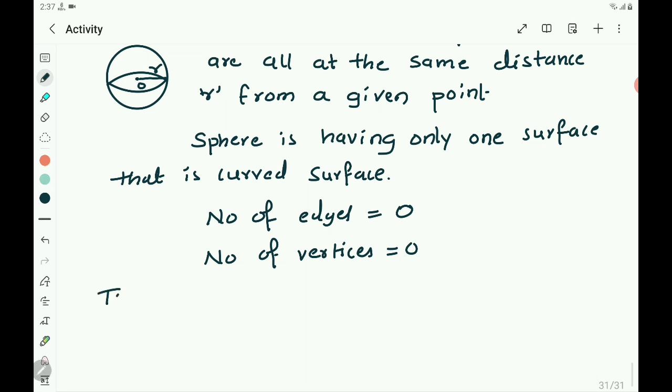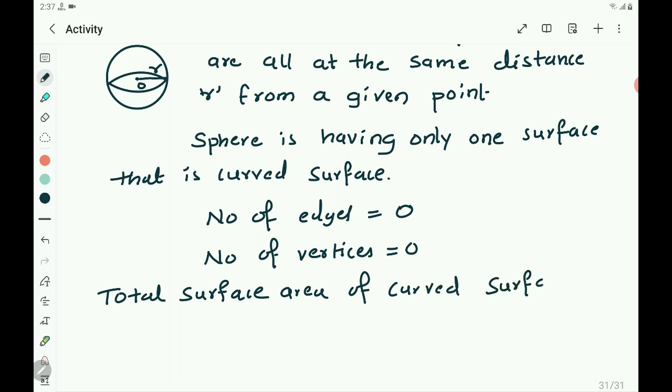TSA or total surface area, or curved surface area of sphere equals 4 pi r square.